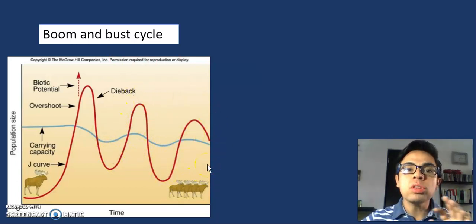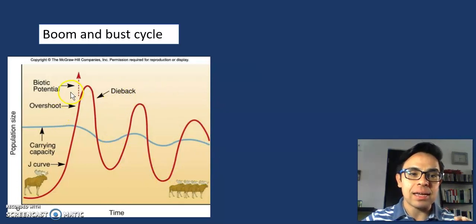The population will never be the same as at the beginning of the growth cycle. Why? Remember that this population exceeded the carrying capacity. They finished the resources that were naturally in the environment. So they will never recover as fully as at the beginning of the process.